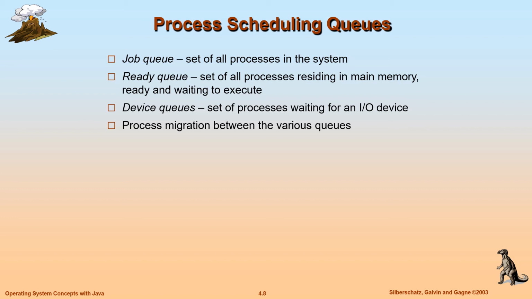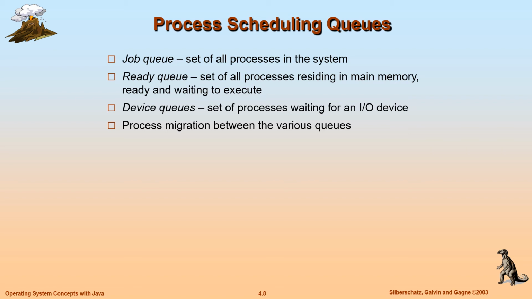Next, the migration of processes between the various queues. Suppose all the processes are in the job queue. From the job queue, a process goes to the ready queue, then to the device queue. After the device queue is completed, it will again come to the ready queue.